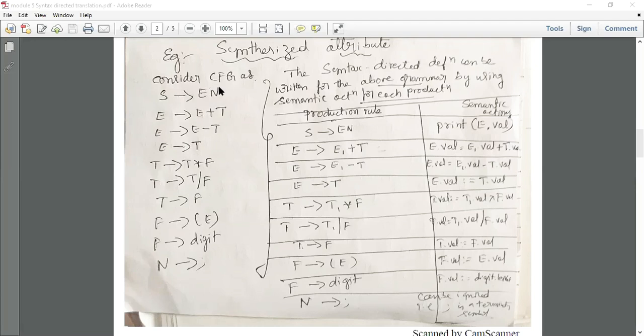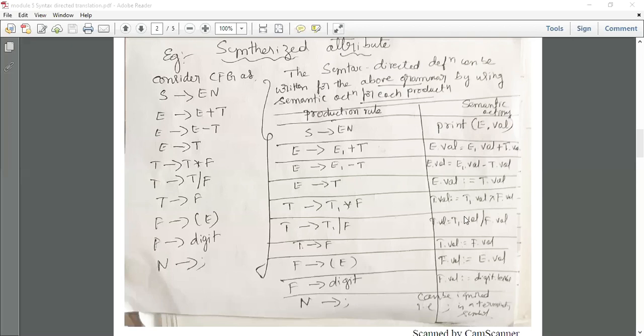S also we have, and N will end with a terminal symbol. So wherever we have, we just add this val. T dot val divided by F dot val, T dot val equals F dot val.